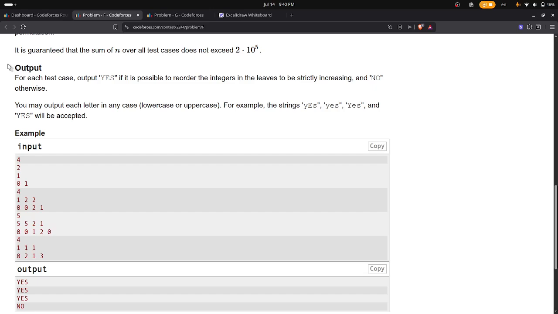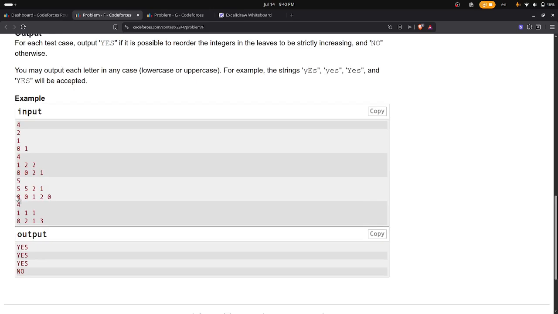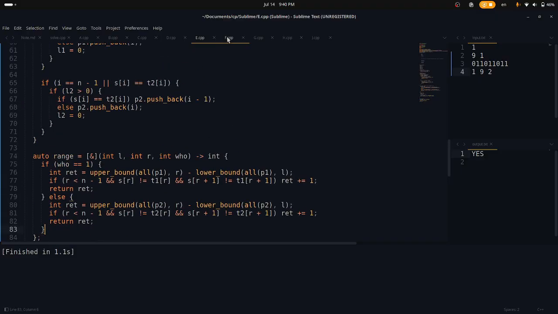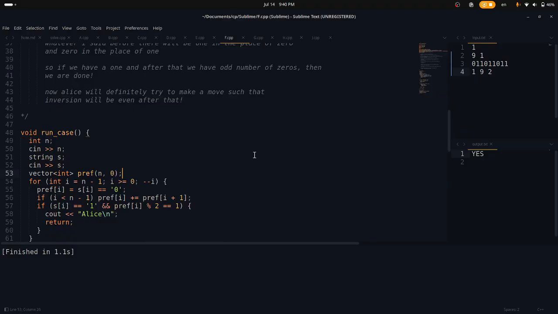So if you can sort a child of a particular node, or probably we need to keep track of min max. Let's start working on it.